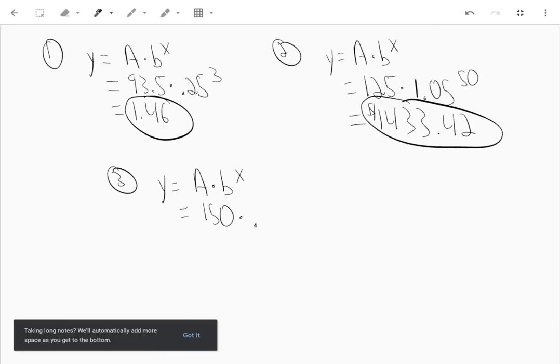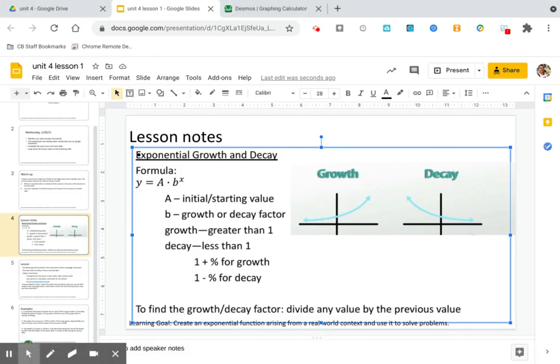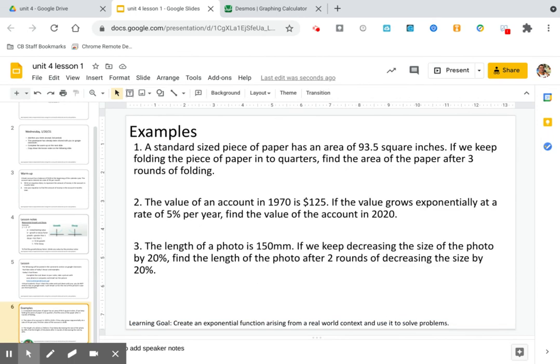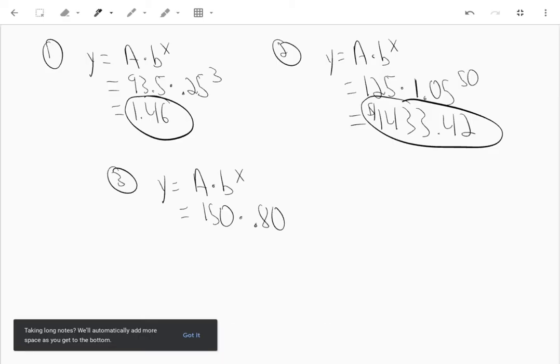So my decay factor is going to be 0.80. And the question says, find the length of the photo after 2 rounds of decreasing the size by 20%. So my exponent is going to be 2. So I need to calculate 150 times 0.80 to the power of 2.